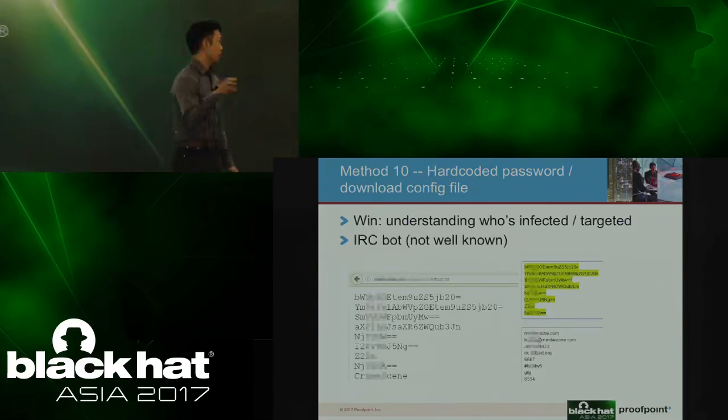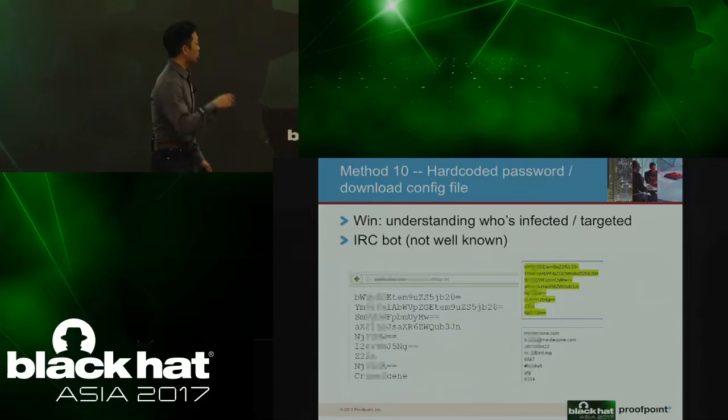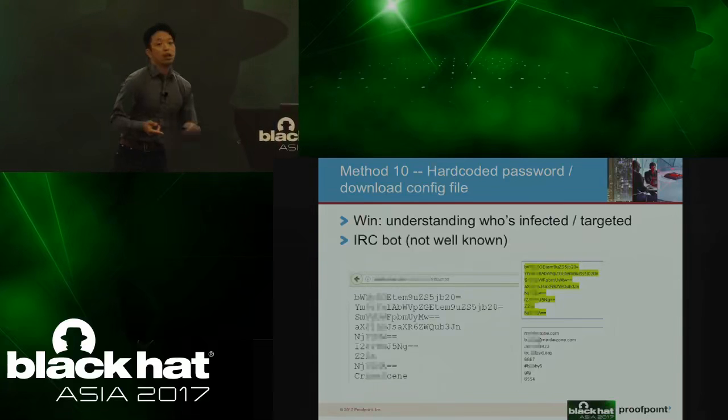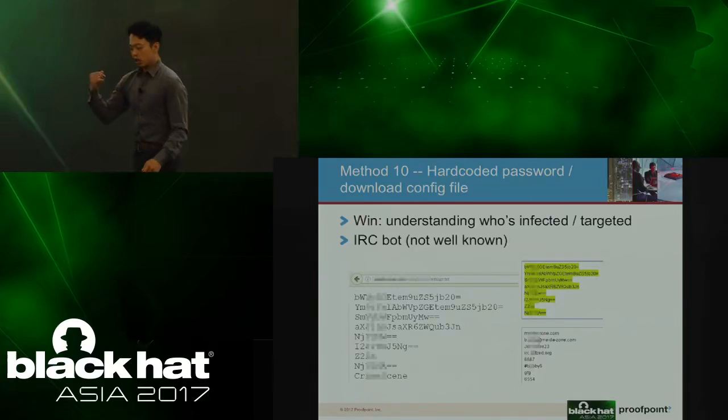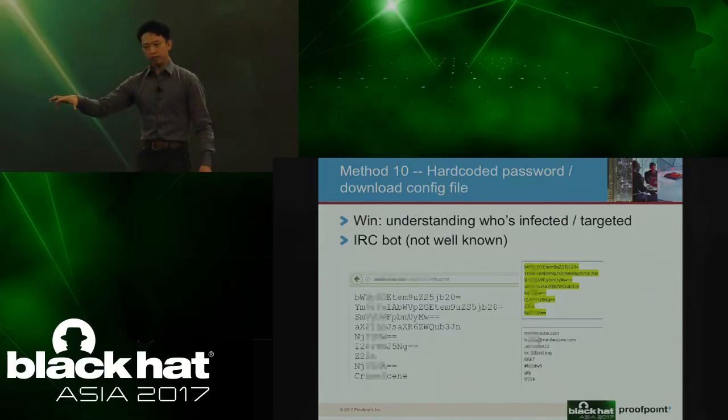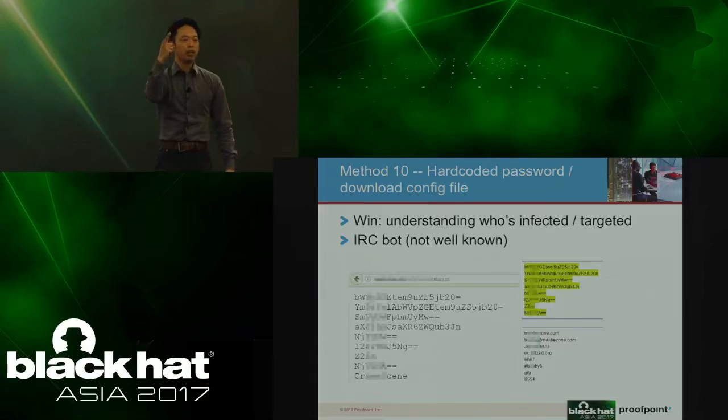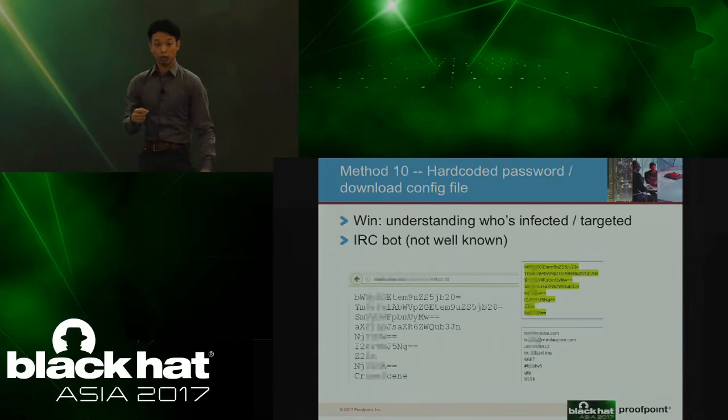In their malware, we reversed out that they do two things. After they steal data from compromised endpoints, they use FTP to upload data back to their FTP servers. And for the FTP username and password, they do two things.